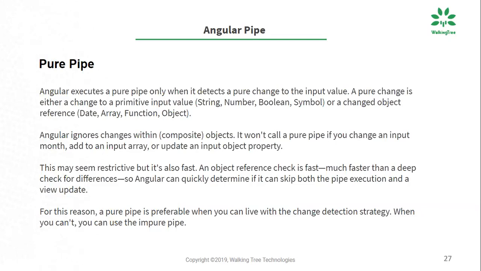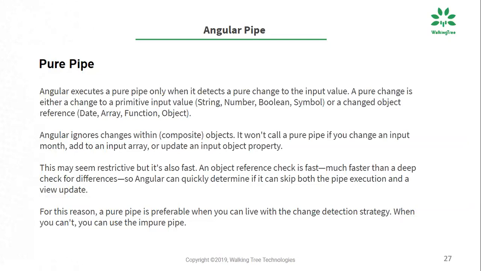What are the things it doesn't track? The object change. Suppose there is a JSON, an object. Let's take an employee object. Inside the employee object, we have so many things like his name, his job location, and everything.